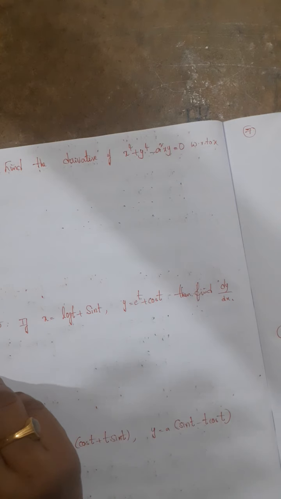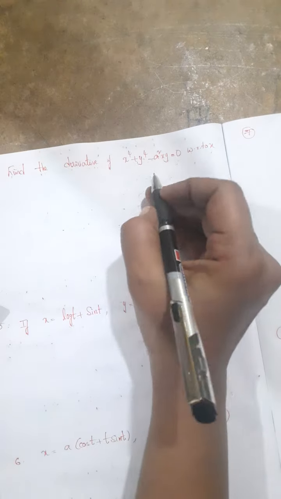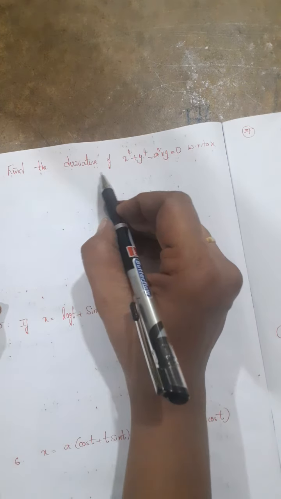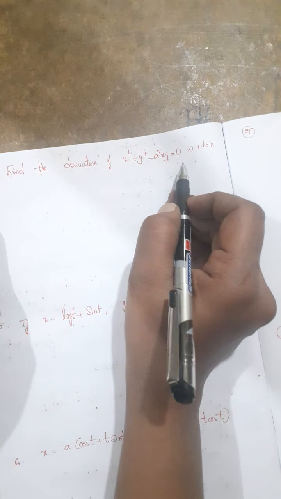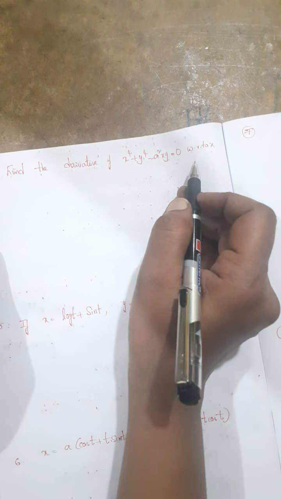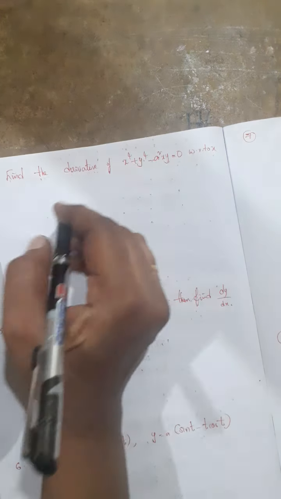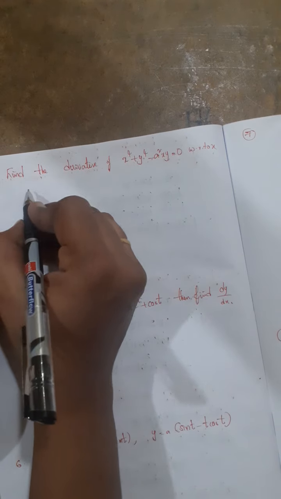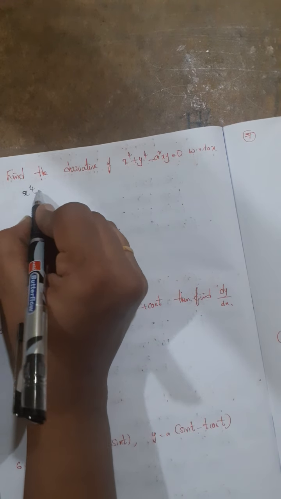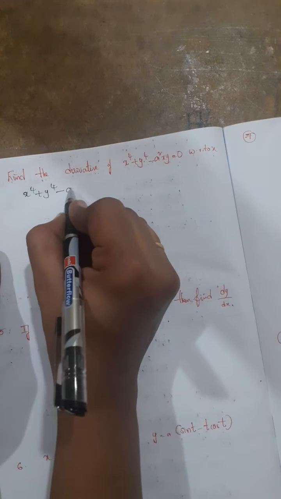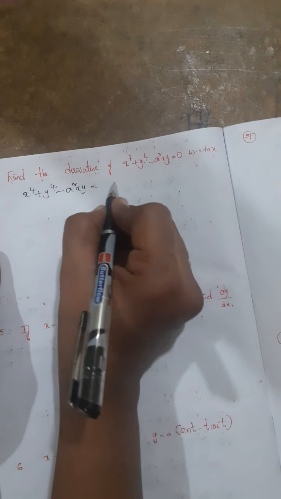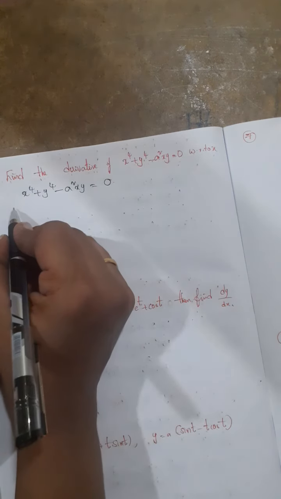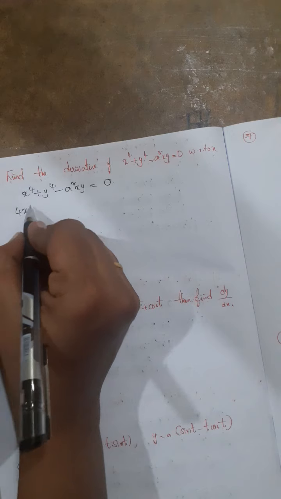Let's do similar problem. Here y is a function of x. Find the derivative of this function with respect to x. That is nothing but dy by dx he is asking here. So what is the given thing here? X to the power of 4 plus y to the power of 4 minus a square xy is equal to 0. And differentiating with respect to x, what do you get? 4x cube.